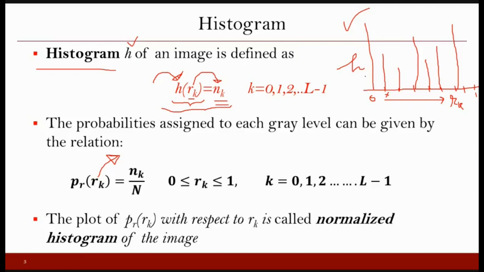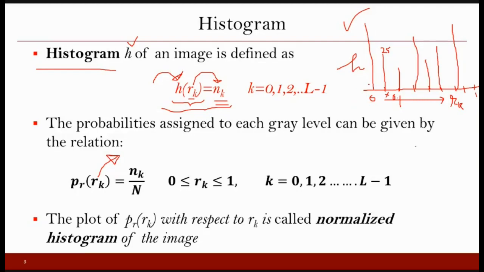Considering this particular histogram, let's say this is a gray level 0.1, and 0.1 has a number of pixels, let's say a small number, 25. If you divide this 25 by the total number of pixels in your image, you will get the normalized value for every gray level.